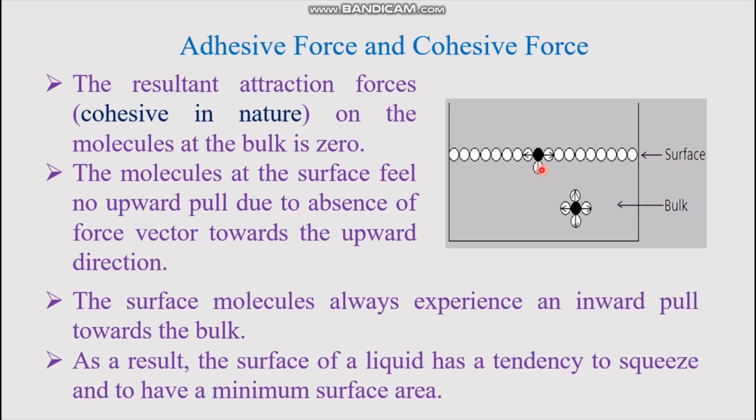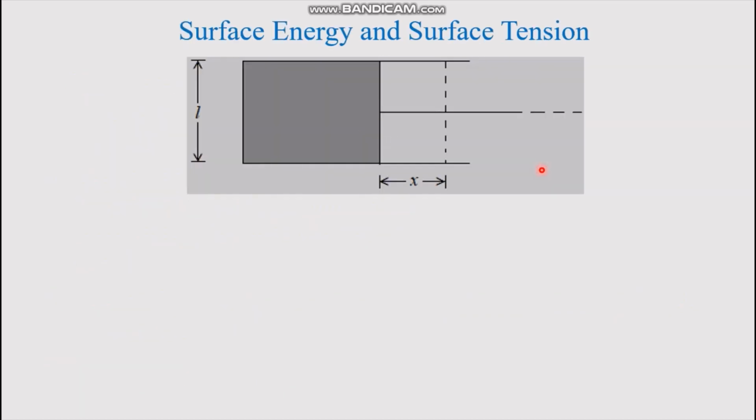Now we have to calculate this surface tension mathematically by some exact mathematical procedure. Let's do that. Suppose this is a metal wire. Three sides are there in this metal wire, and the fourth side is movable. With the help of this attached wire, we can move it towards the right hand side or the left hand side.